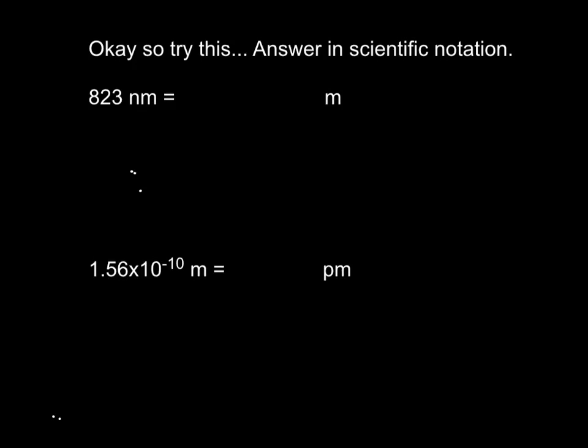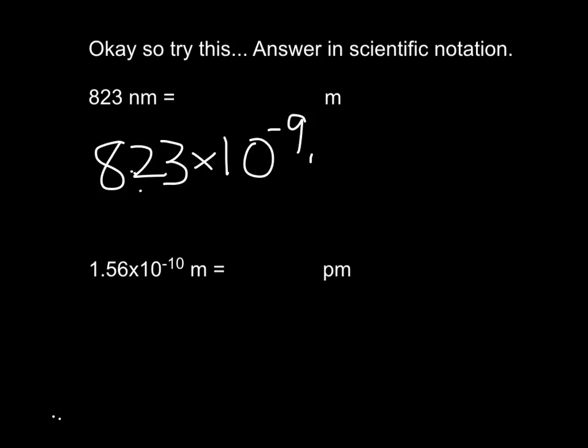All right, folks, so let's try some conversions with this. We're going to start with this. We have 823 nanometers equals how many meters? Now, remember, nanometers is 10 to the negative 9th meters. So let's start off with that idea. We've got 823 times 10 to the negative 9th meters. Now this isn't in scientific notation though, right?